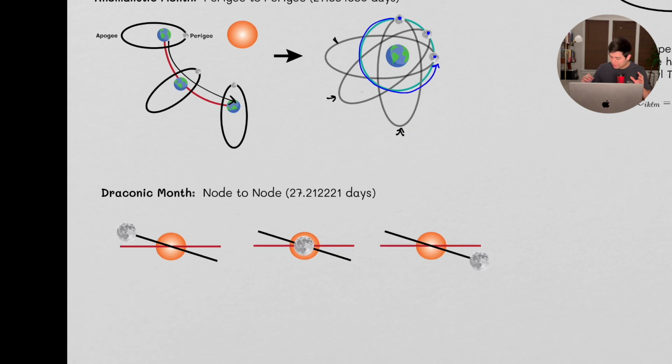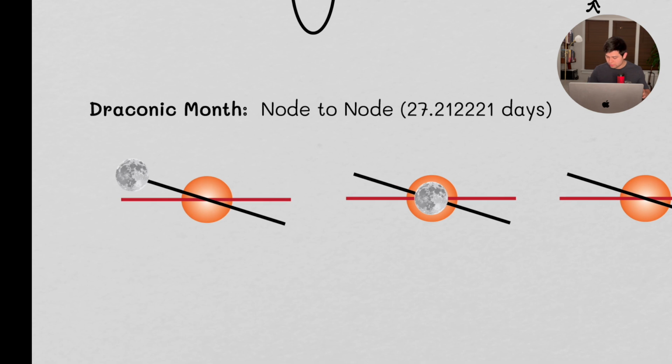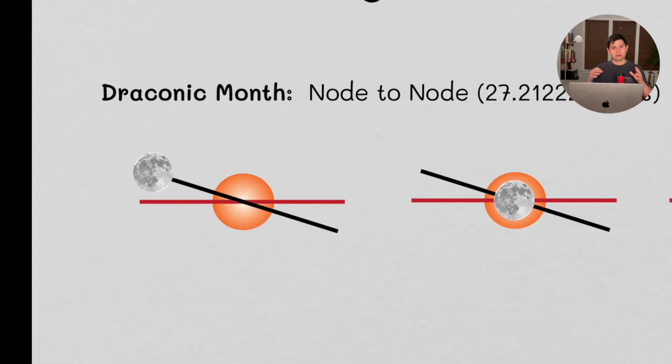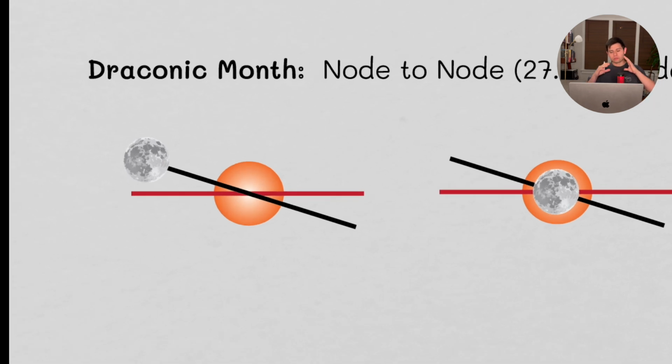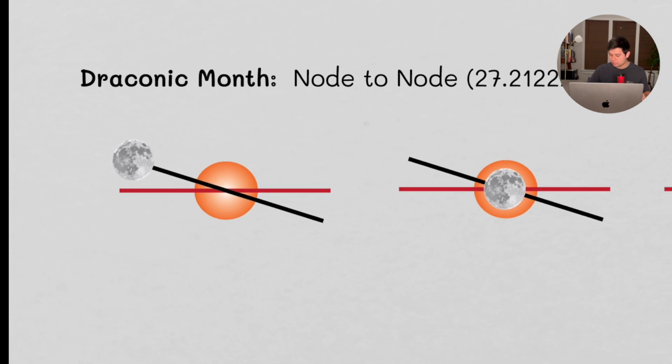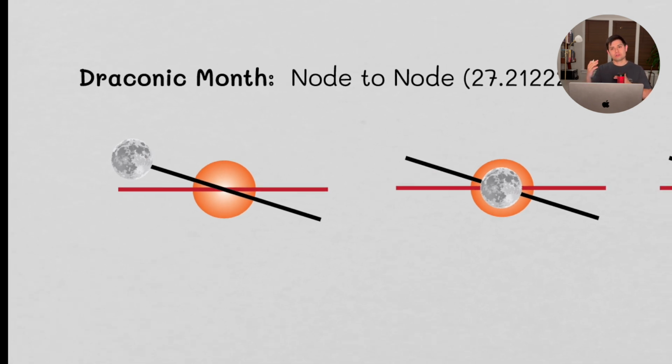The last month that we want to look at is the Draconic month. The Draconic month is a node-to-node kind of month. Imagine you're standing on Earth, looking up at the Sun. The moon is at an angle with respect to the path of the Earth around the Sun.